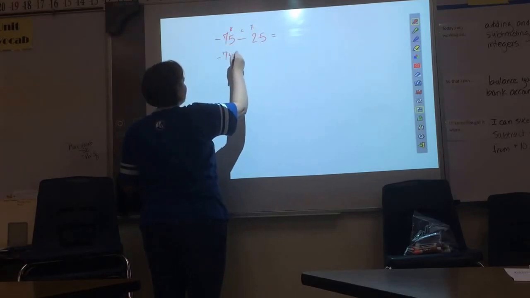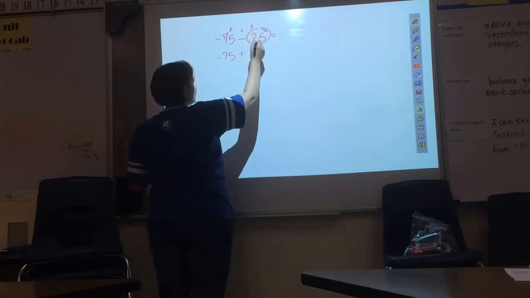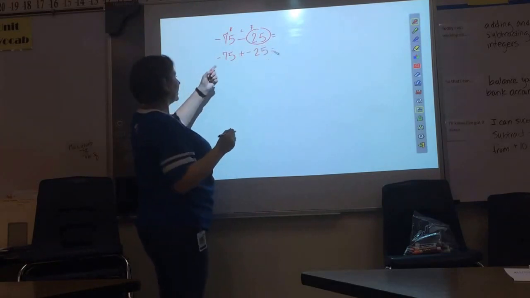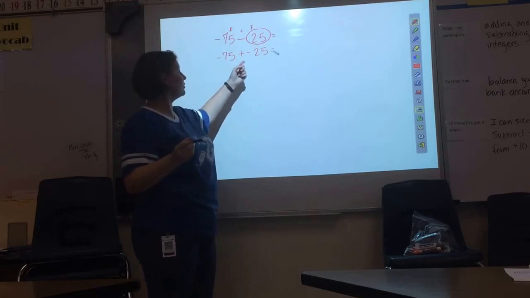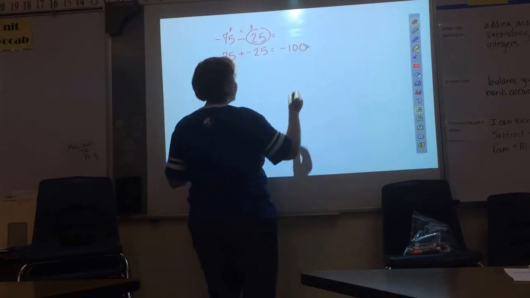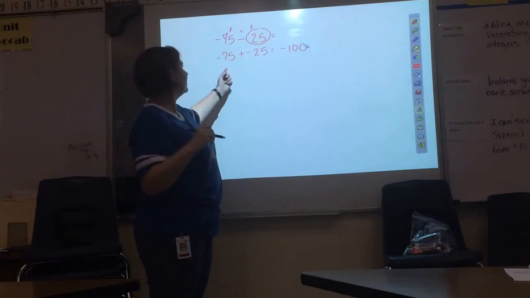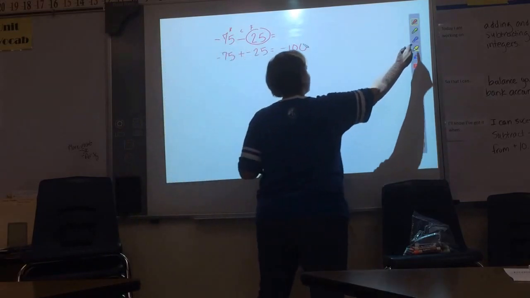Negative 75, change the subtraction to adding, and this is a positive number, so there's no sign. So now it's a negative. Negative 75 plus negative 25. Well, they're both negatives, so I can just add them together. Negative 100. Just like with two positives I just add together, if I have two negatives, I can add them together.